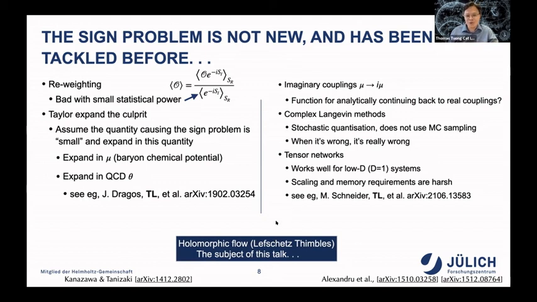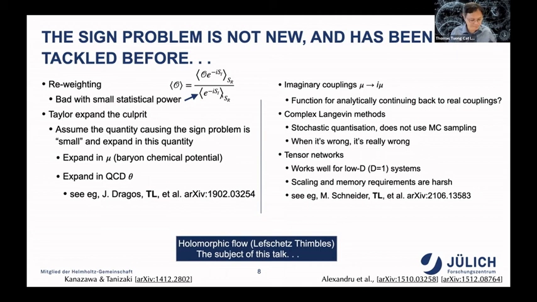How we alleviate the sign problem is the following. What we want to do with our method, which I'll describe in a moment, is basically make the statistical power as large as possible. That is the philosophy behind our method. And hopefully by the end of this talk, I will have convinced you that this philosophy works.